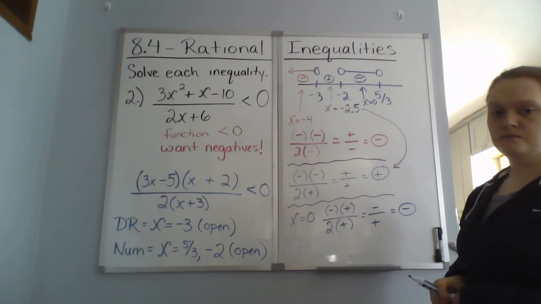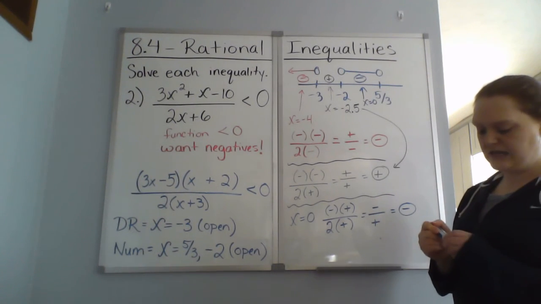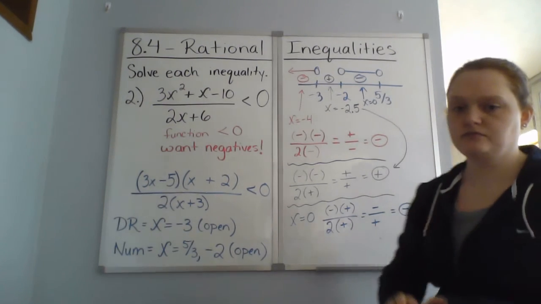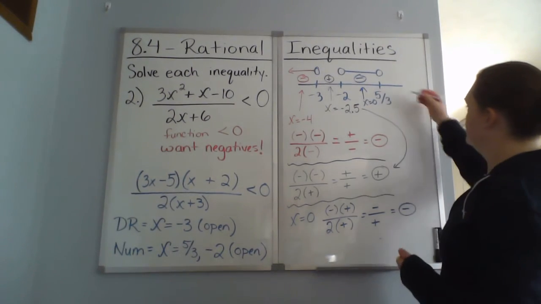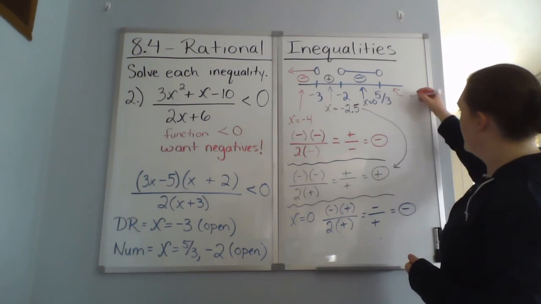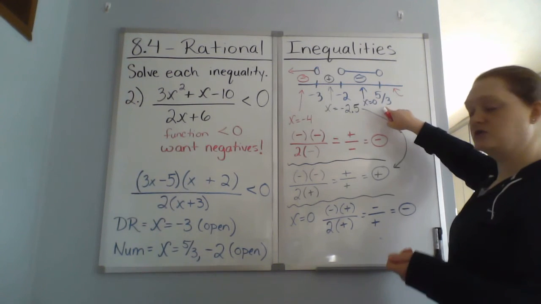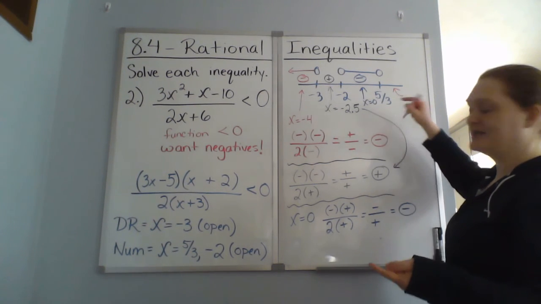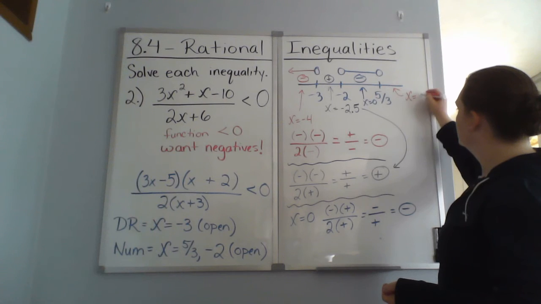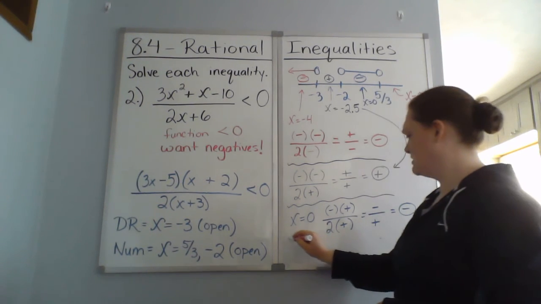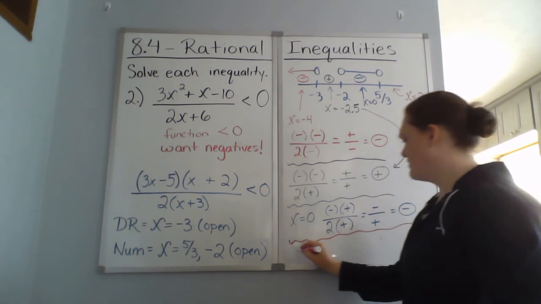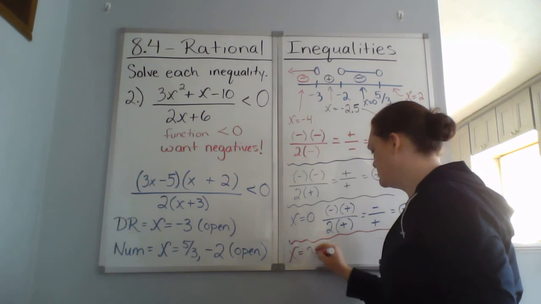Okay? And now we need one more test. Now I need to test a value over here. I'm going to try, let's see, 5/3 is 1 2/3, so I'm going to plug in 2. That's a little bit bigger. All right, I'm going to do it down here. If I plug in x equals 2, let's see what happens.